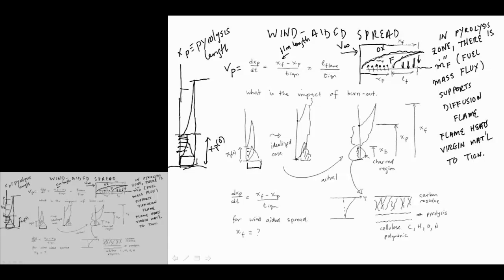And so as this pyrolysis front moves, the flame length is also going to increase because more gas is coming out of the pyrolyzed region, and it burns faster and faster. Now, in reality, we understand that there is burnout, that at some point you deplete the burning sample of pyrolysis gases, and so what one must really do is track the burnout zone, and I'll show you how to do that in a later section.